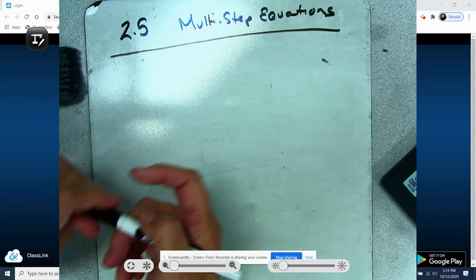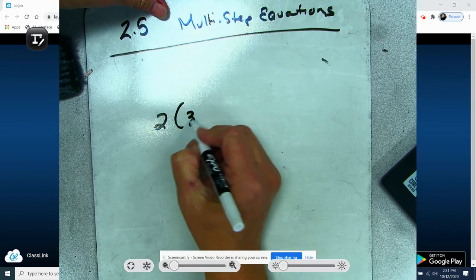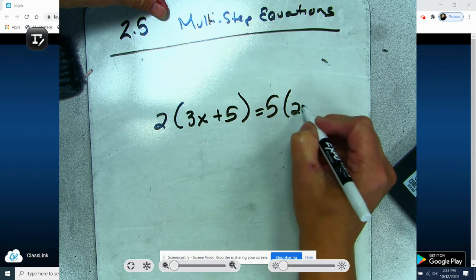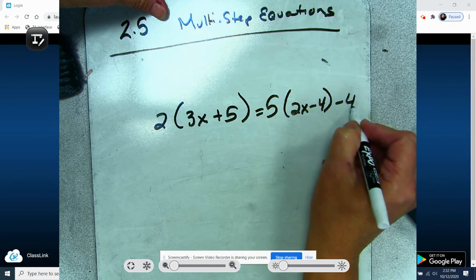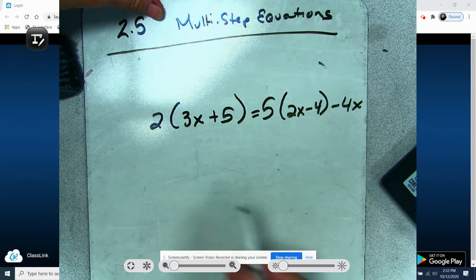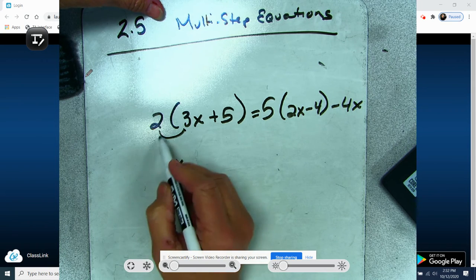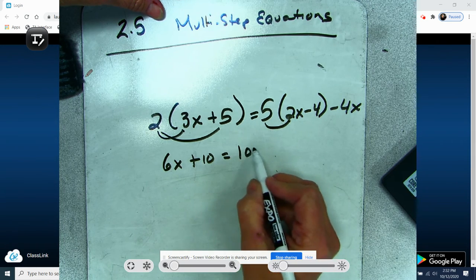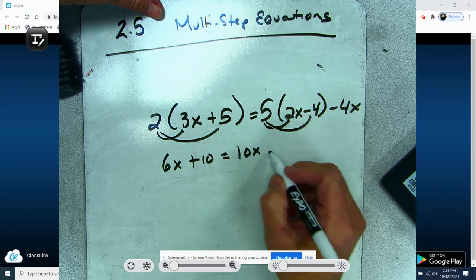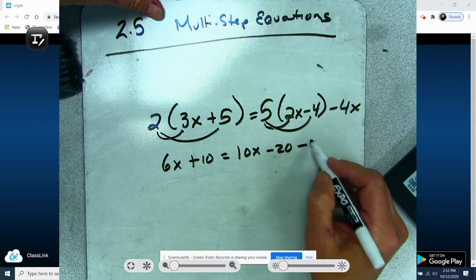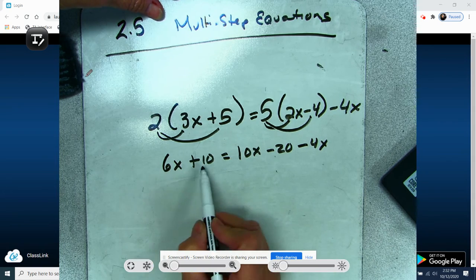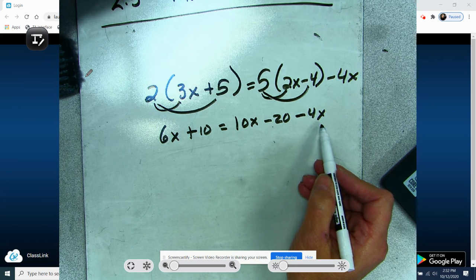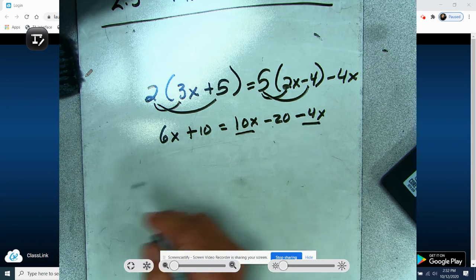But what if you get something that looks like this? 2 times 3x plus 5 equals 5 times 2x minus 4 times... We're going to distribute, so 2 times 3 for 6x, 2 times 5 for 10, 5 times 2 for 10x, 5 times negative 4 for negative 20, and we bring down our negative 4x. 1, 2 things on this side, that's fine. 1, 2, 3 things on this side means I have to combine like terms, 10x and negative 4x.